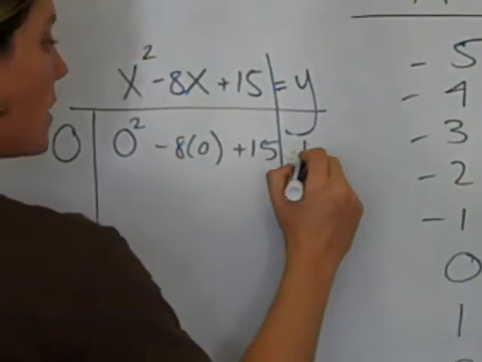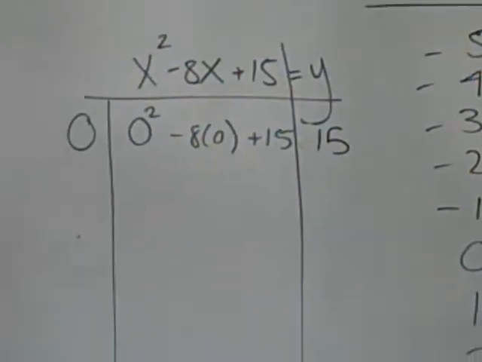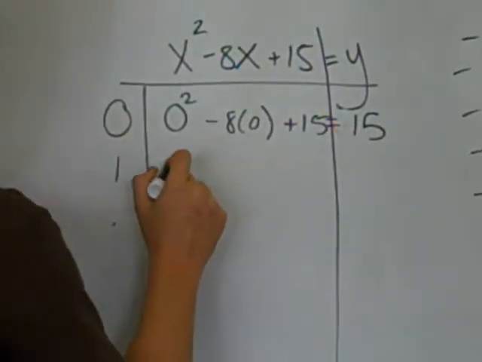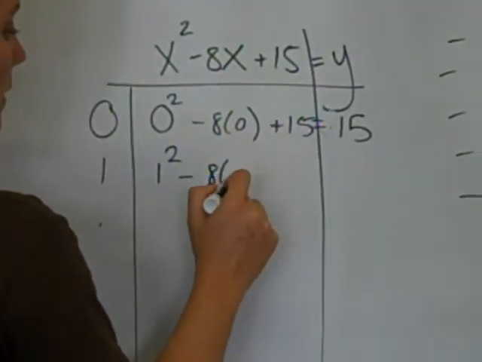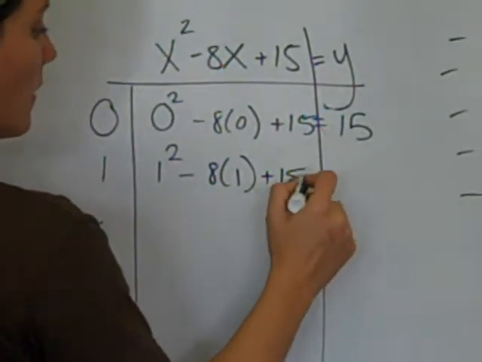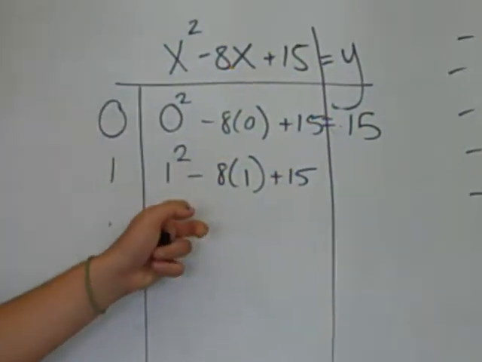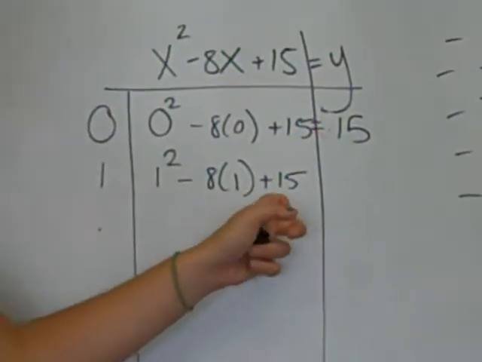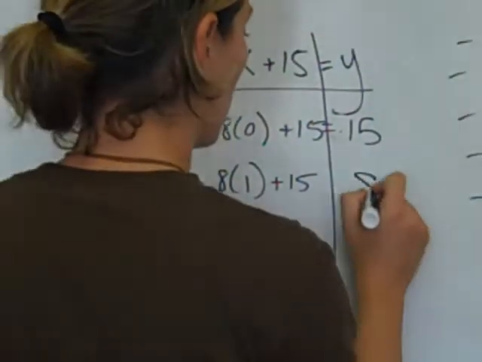So for this one, it would just be 15. Okay, and then go to 1. 1 squared minus 8 times 1 plus 15. 1 squared is 1. Minus 8 times 1 is 8, so negative 7 plus 15, positive 8.